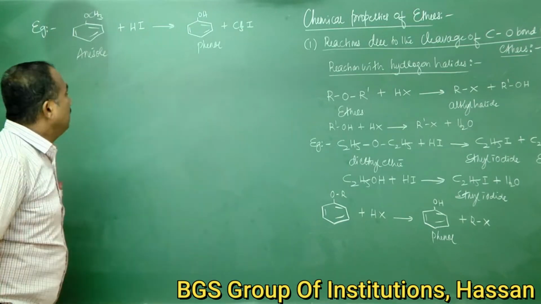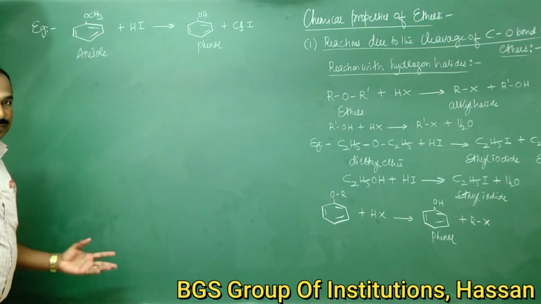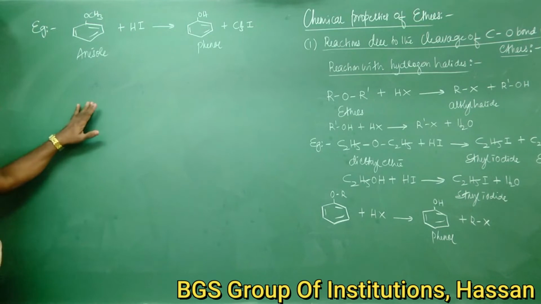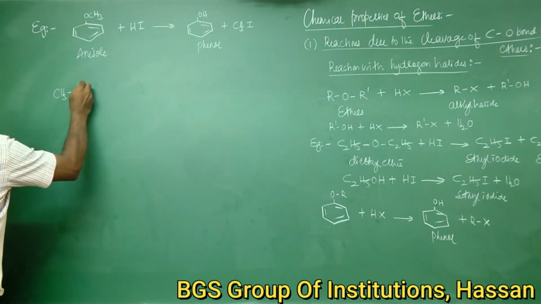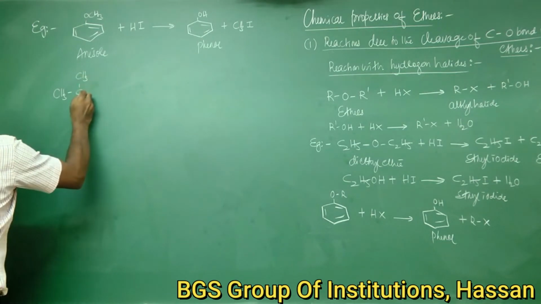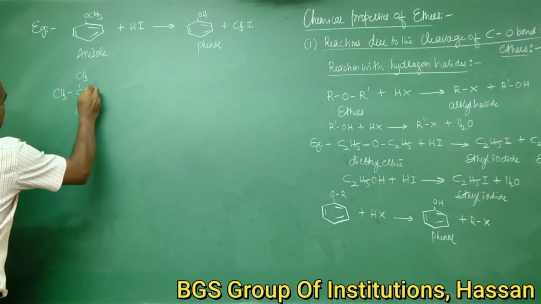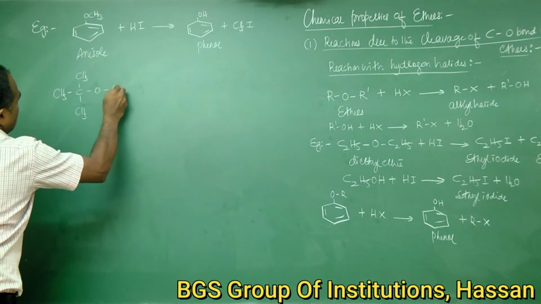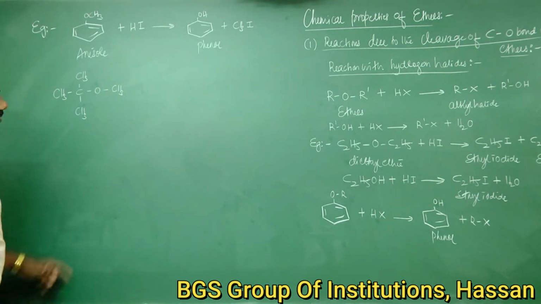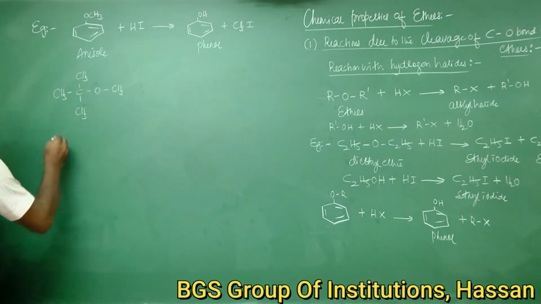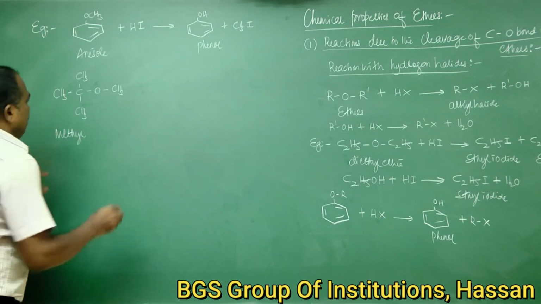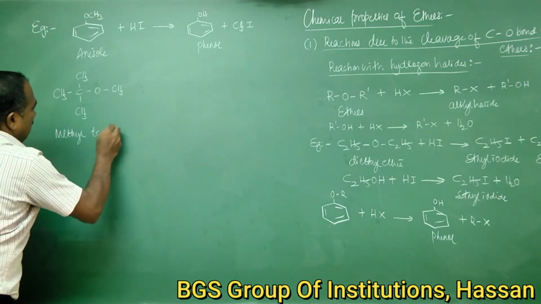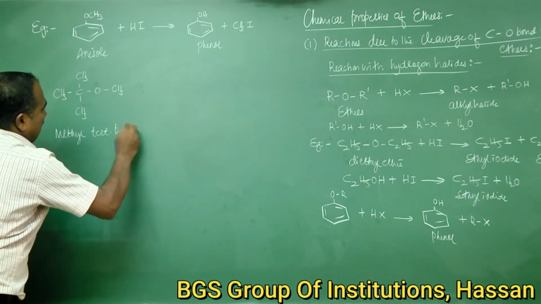So not only alkyl aryl ethers, other substituted ethers like CH3-C(CH3)2-O-CH3. The name of this ether is methyl tertiary butyl ether.